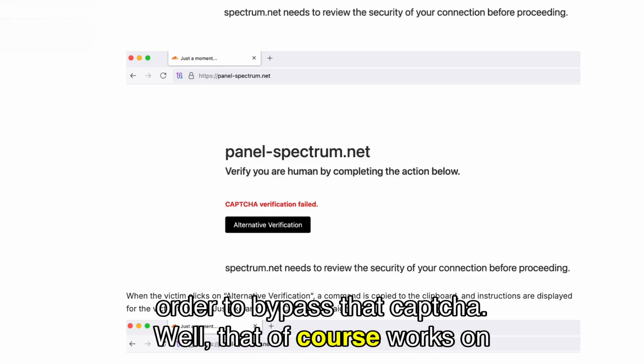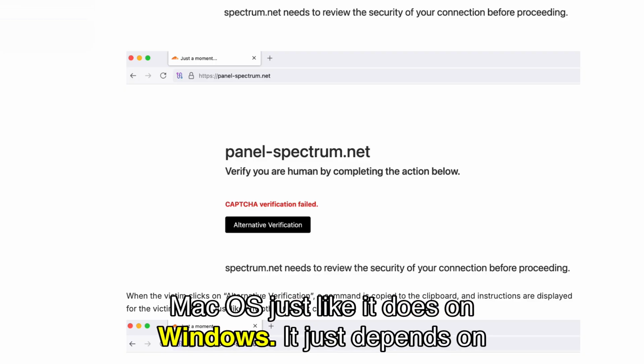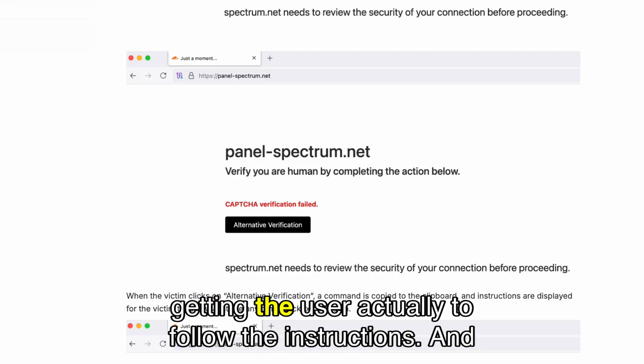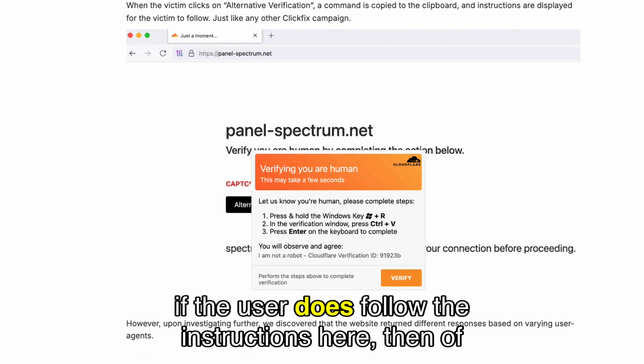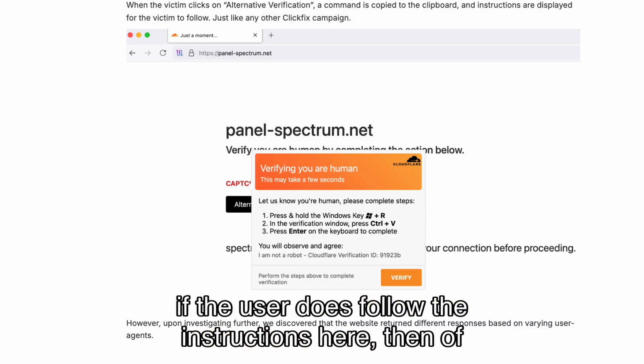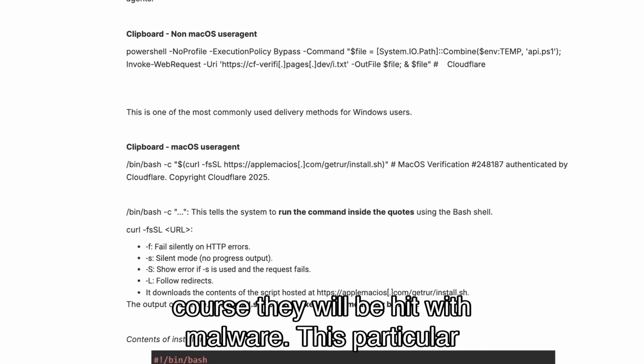Well, that of course works on macOS just like it does on Windows. Just depends on getting the user actually to follow the instructions. And if the user does follow the instructions here, then of course they will be hit with a malware.